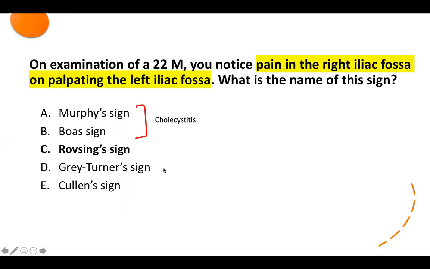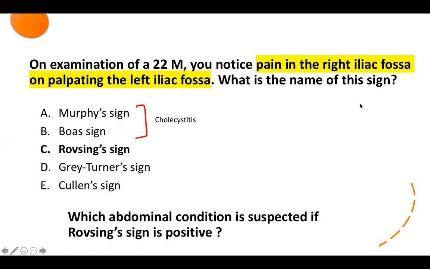So it is Rovsing's sign. The first two are seen in cholecystitis, and these two, as we discussed earlier, as mentioned in the chat, are external manifestations of intra-abdominal bleeding or hematomas. So if this sign is positive, then which abdominal condition would you suspect?